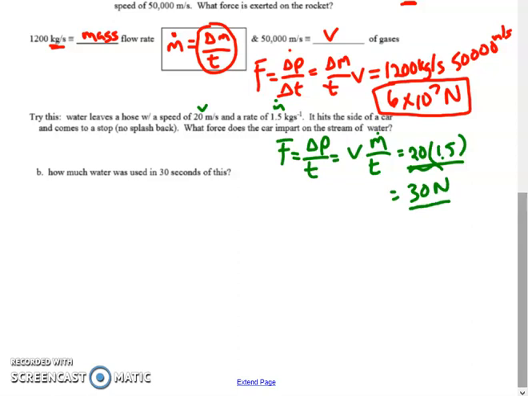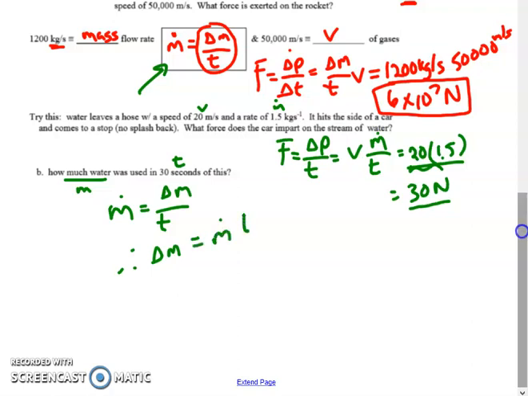We can ask how much water we use. Here, how much water is simply mass. We've got m dot, we've got v, and we're given time. Looking at our equations, this isn't a force problem. It really has to do with the definition of m dot. If m dot by definition is the rate of change of mass, then the amount of mass that came out in a time is simply m dot times t.